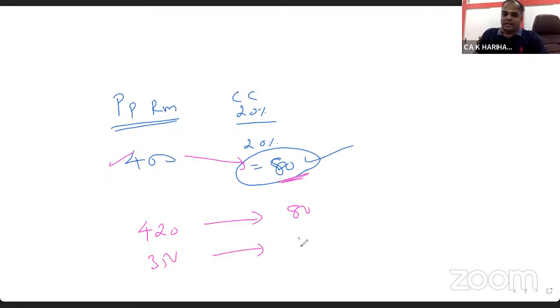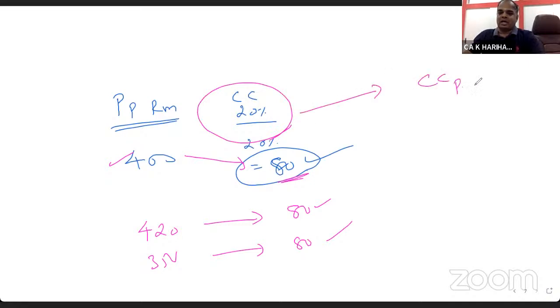It's a raw material. Even then, godown expense remains the same. It remains constant. Carrying cost per unit per annum should remain constant. It's a general rule.